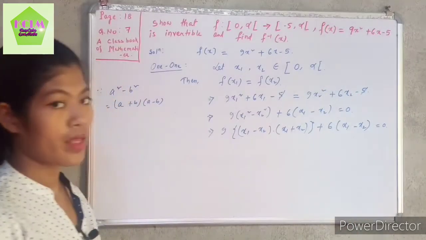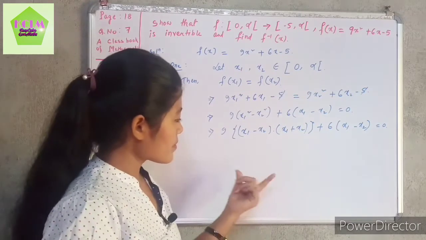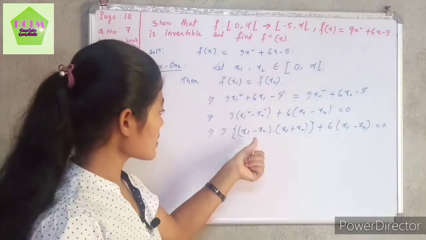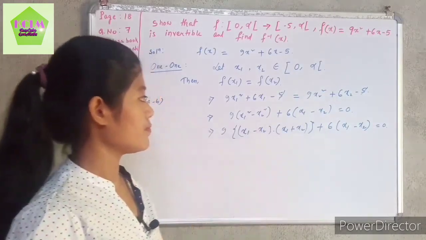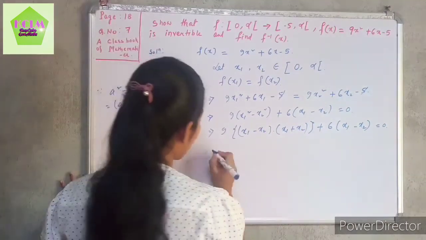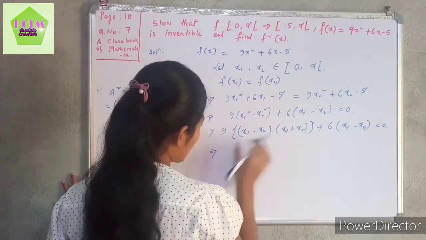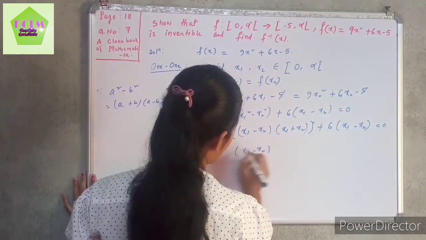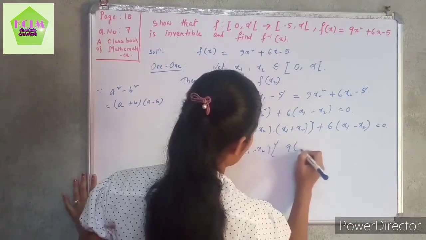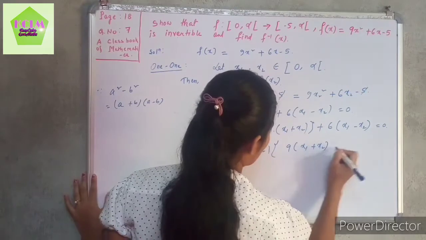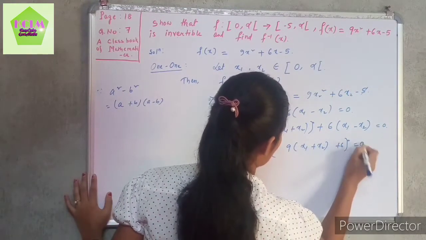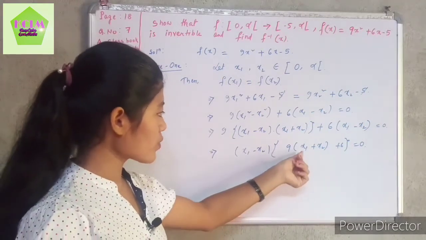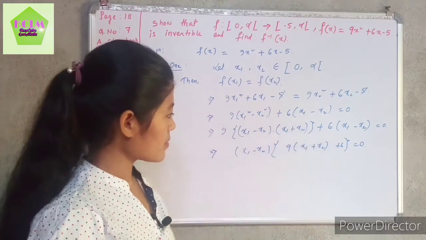Now if we see the two terms here, there is a common factor x1 minus x2. Again, we take x1 minus x2 as common and take it outside. Then we will get x1 minus x2 whole bracket 9 into x1 plus x2 plus 6.